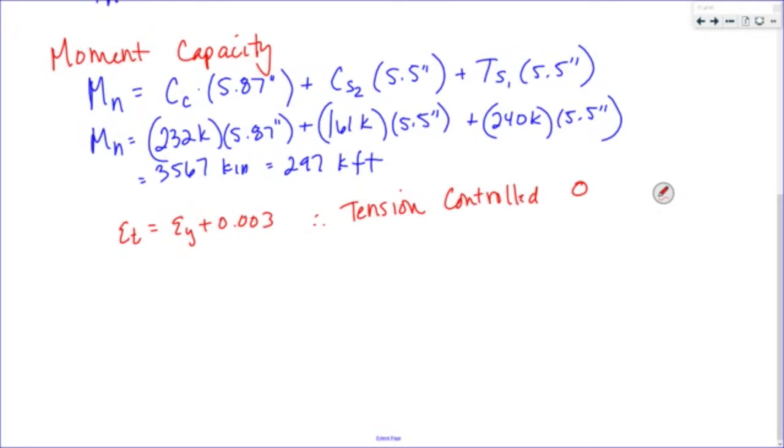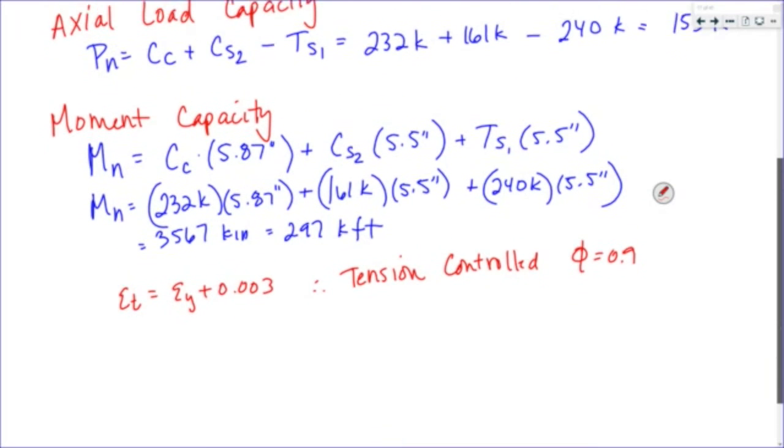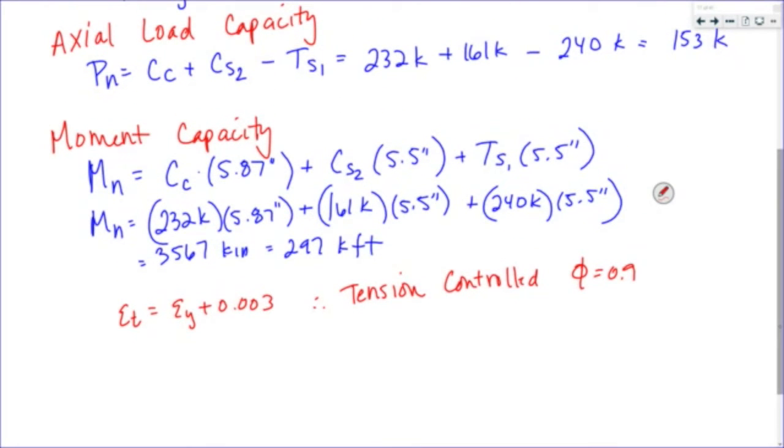And therefore our phi is equal to 0.9. And that's phi for both the axial and the moment capacity. This isn't like in steel, where you might have a different phi for an axial or for a moment. In concrete, it's the same phi. It depends on your strain.